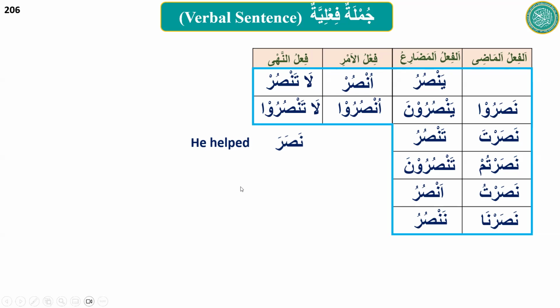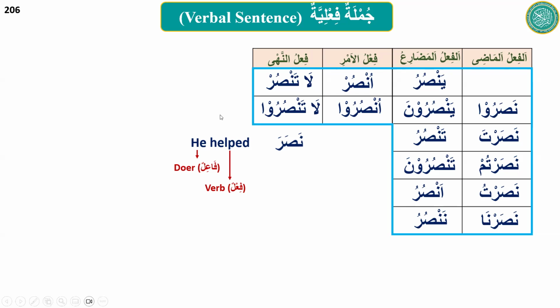So what we need is a fa'il and a fi'l. Once you identify these two, then you can call it a jumla fi'liya. A doer, which is a fa'il, and the fi'l, the verb. These are the mandatory parts of a jumla fi'liya.